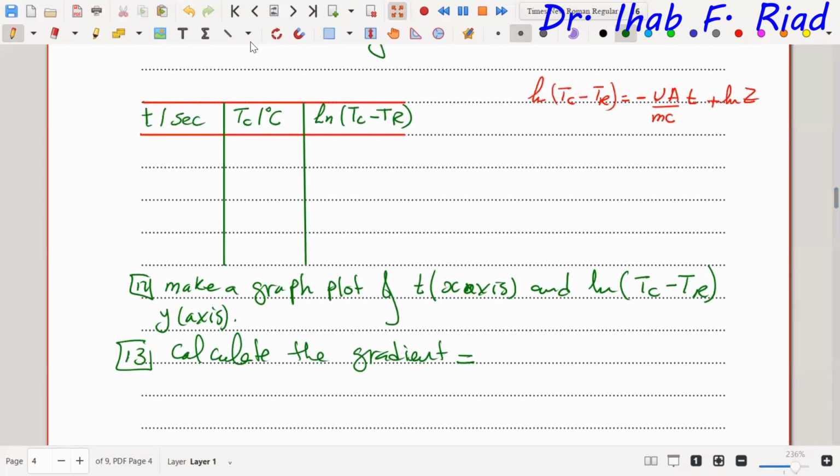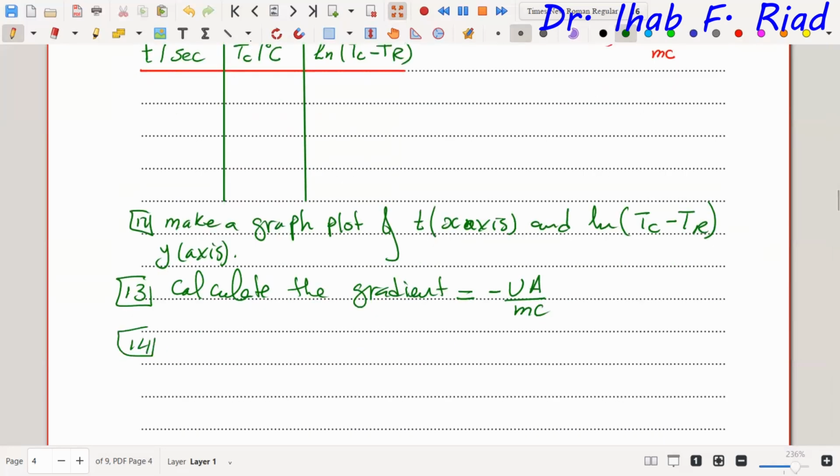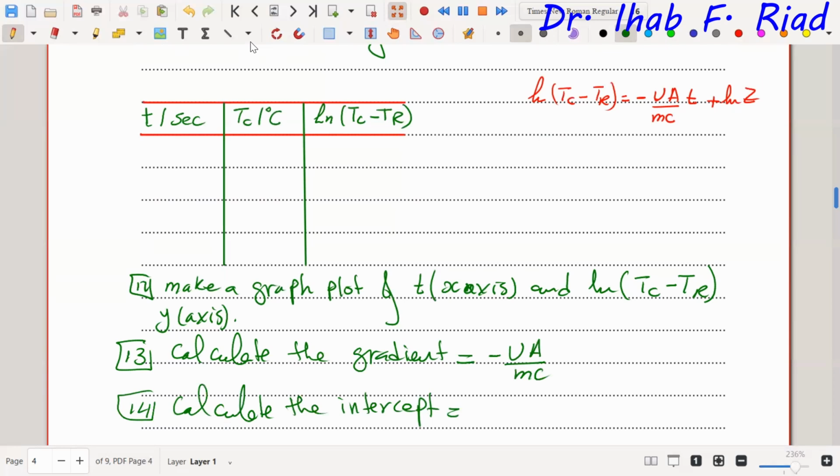What is the gradient going to be? Minus UA over MC. Good. 14, calculate the intercept. What is the intercept going to look equal? Ln Z.